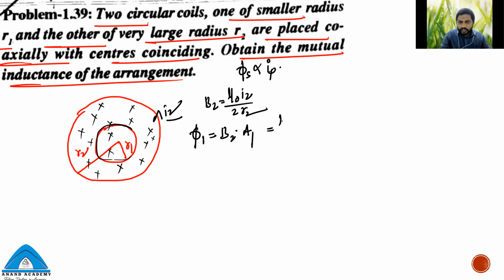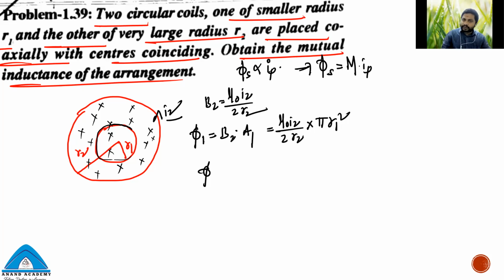So what is B2 here? Mu naught I2 by 2 R2, into the area of the first coil, which is pi R1 square. Simple. So this is the magnetic flux. Now I'm going to write: magnetic flux linked with the secondary coil is equal to mutual inductance into current in the primary coil.